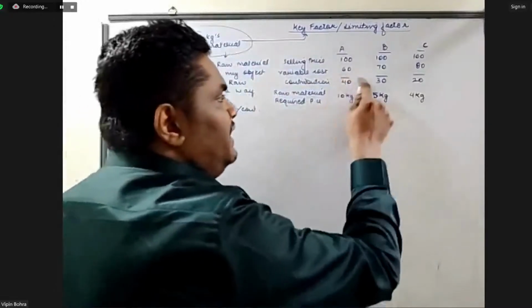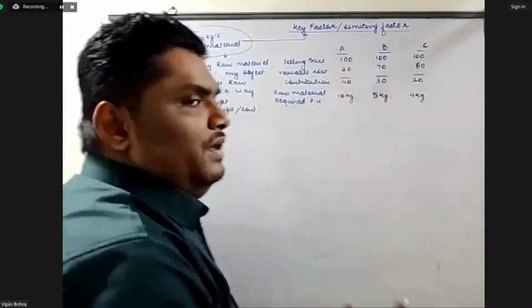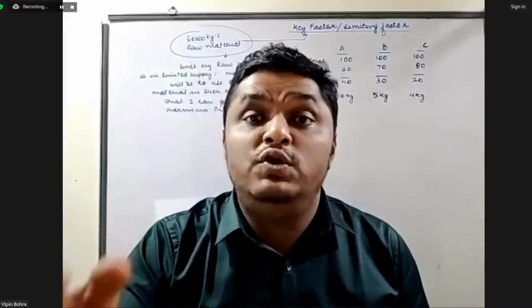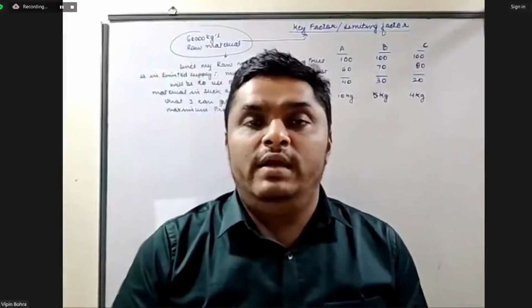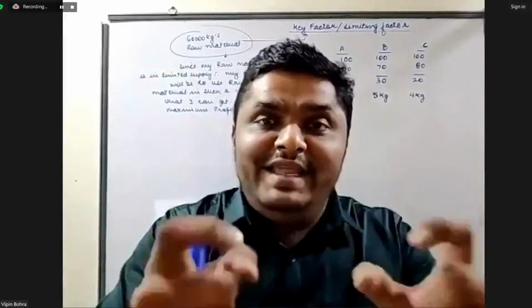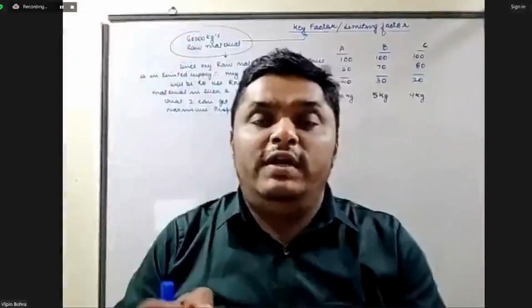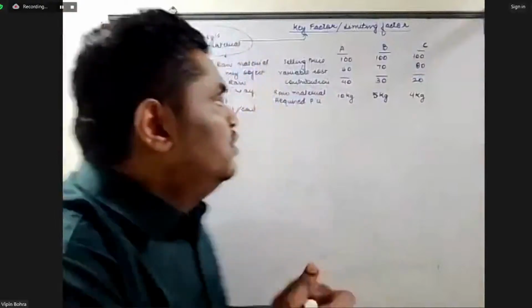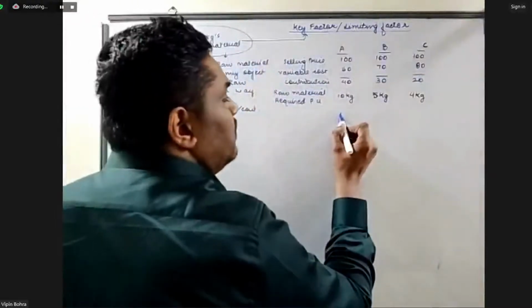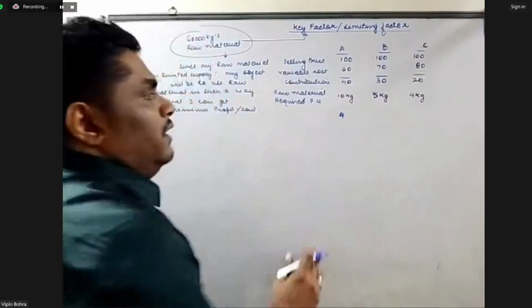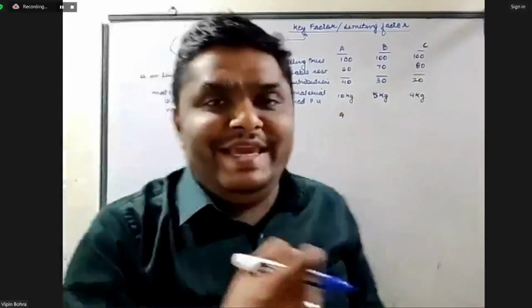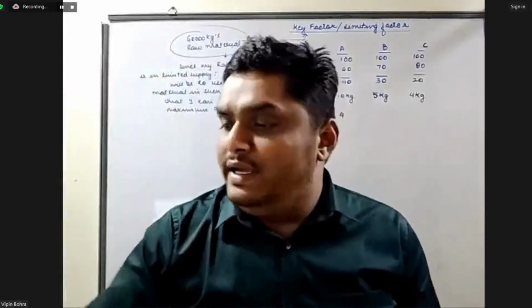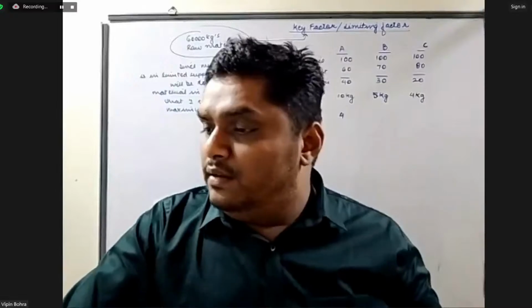In product A, I am earning rupees 40 by using 10 kgs of raw material. It means if we use 10 kg, we earn 40. So per kg of raw material, how much am I earning? Rupees 4. After using 10 kgs of raw material, how much am I earning? 40 rupees.